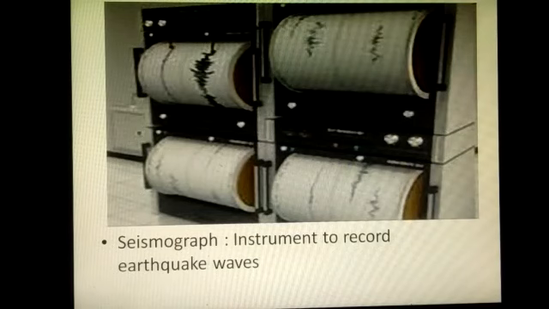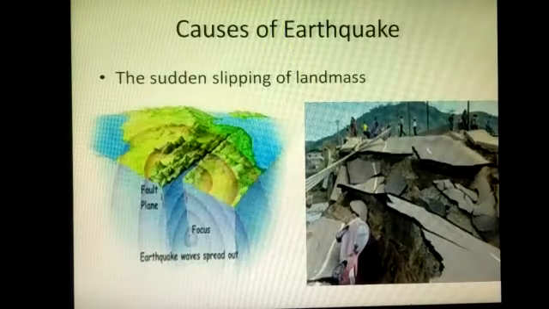Now let us see about the causes of earthquakes. The major cause of earthquakes is the sudden slipping of a portion of the earth's crust. The sudden shifting of landmass causes upheaval in the crust of the earth, sending vibrations or waves into the surrounding portions of the earth.